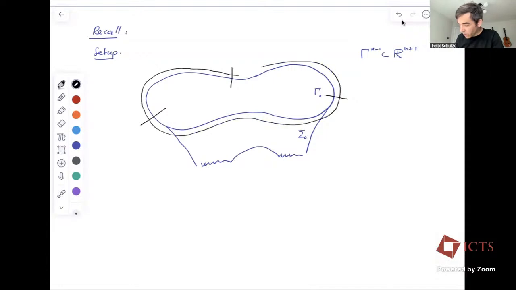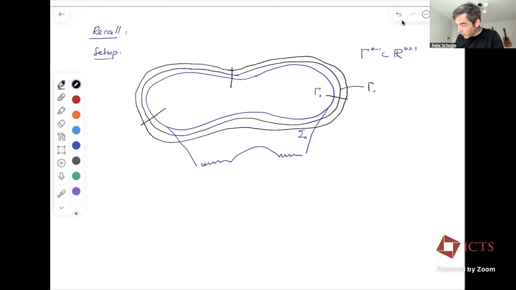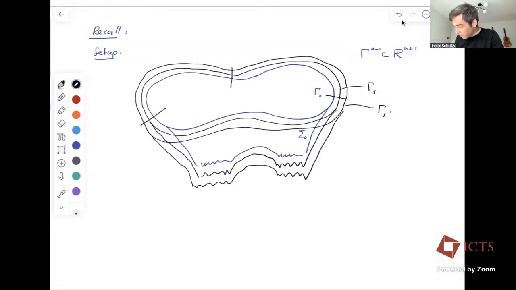This would be for a bigger parameter. So let's say this is gamma s, and this is gamma s prime, and we have the minimizers here. This would be sigma s, and this would be sigma s prime.